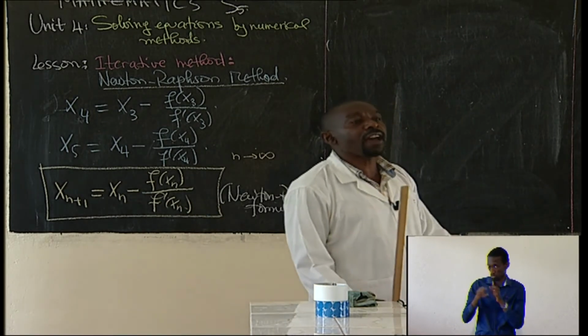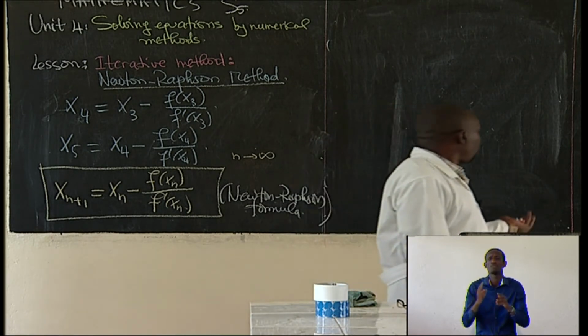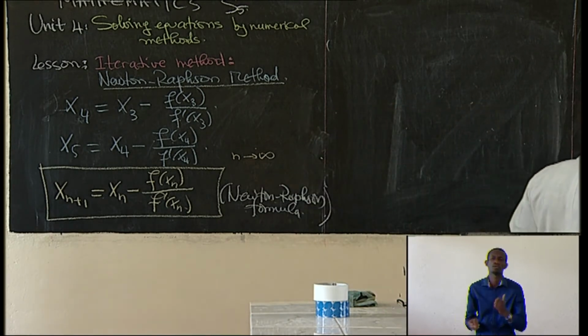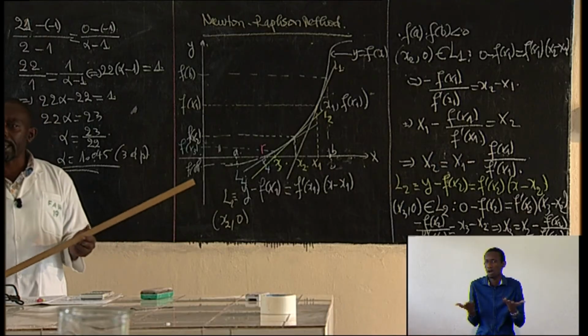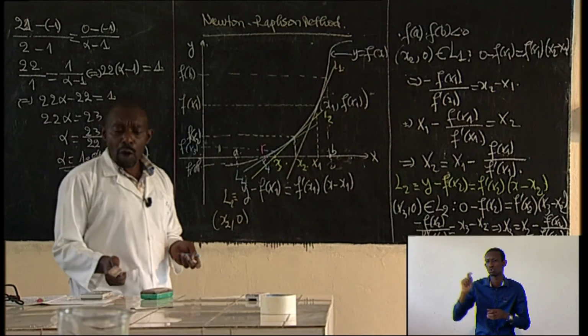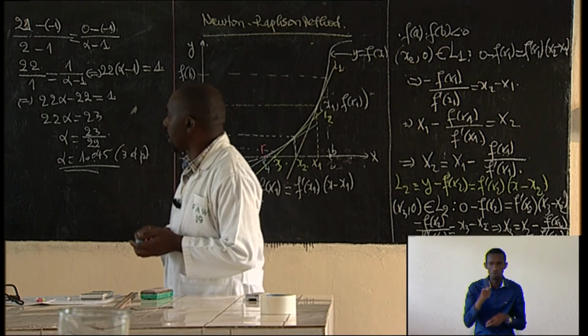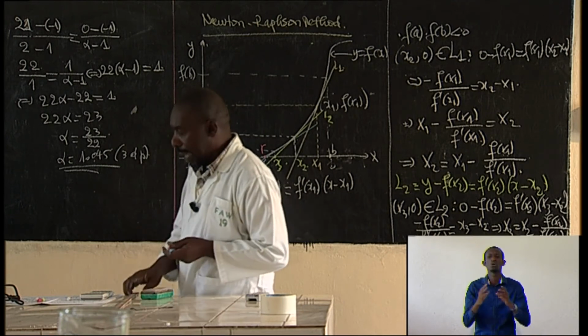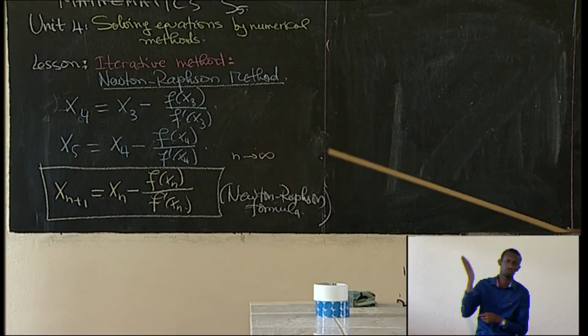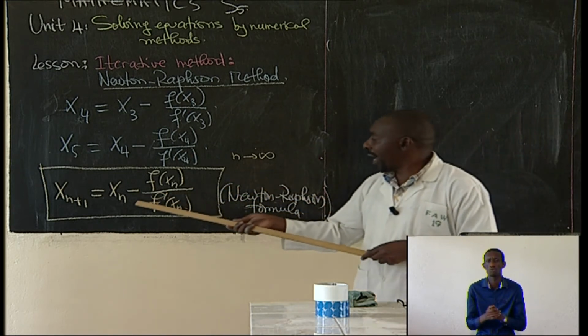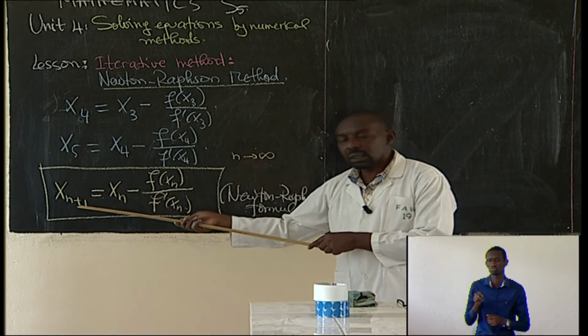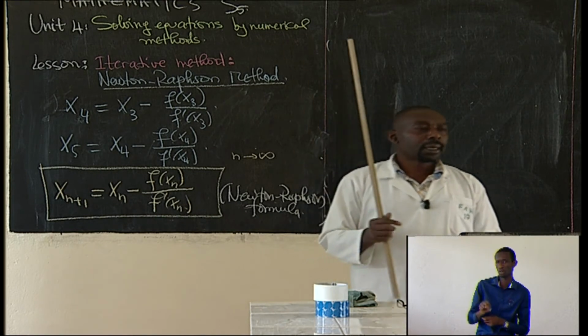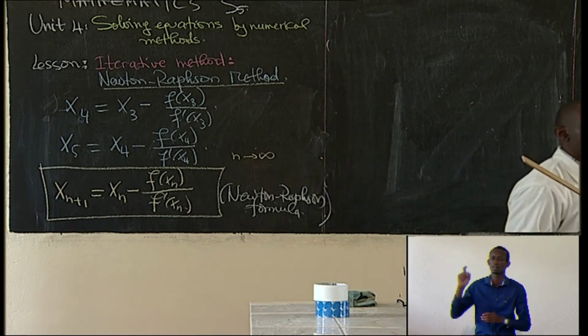We can find another way of approximating that root. Okay? I hope you have understood the way we are doing that. When xn is moving from n to n plus 1, those are iterative values.